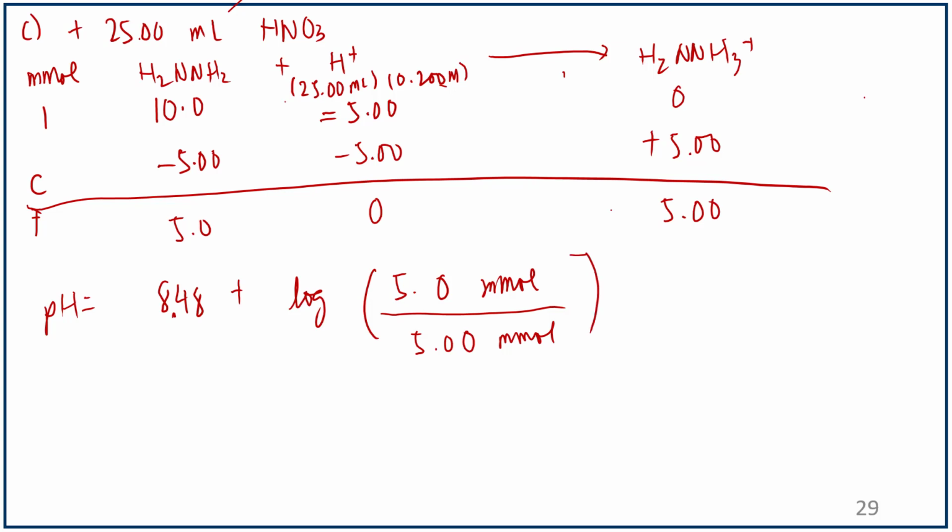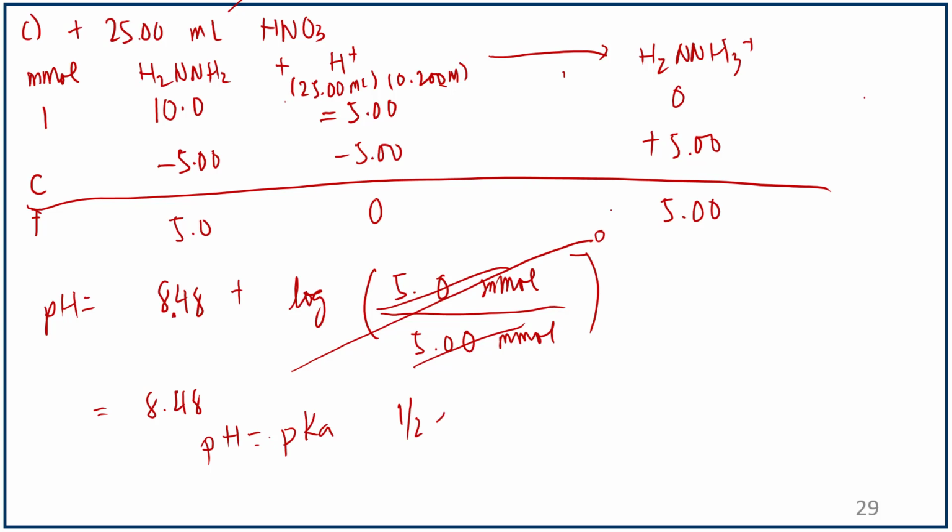And again, these terms will cancel each other out, and the log of 1 is just equal to 0, so this entire thing is just pH is equal to pKa. So here again, pH is equal to pKa, which means that we are at half the equivalence point. And that also means that the concentration of the weak base, hydrazine, is equal to the concentration of its conjugate weak acid, hydrazonium.